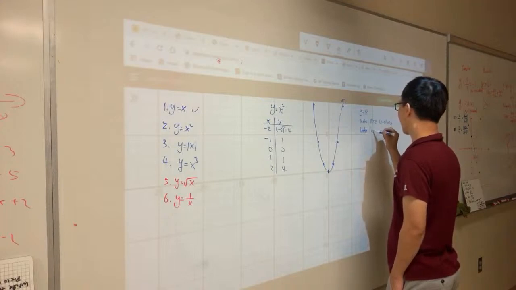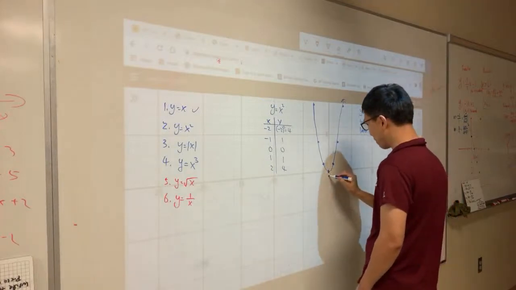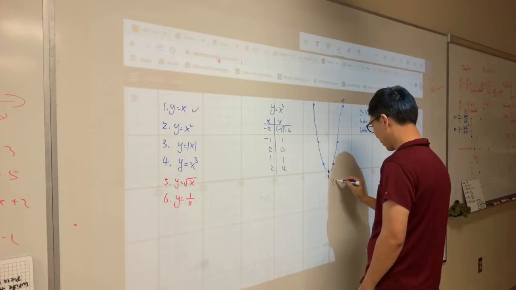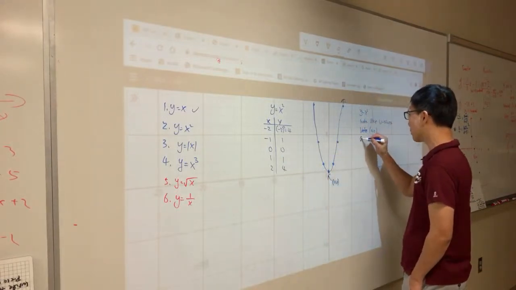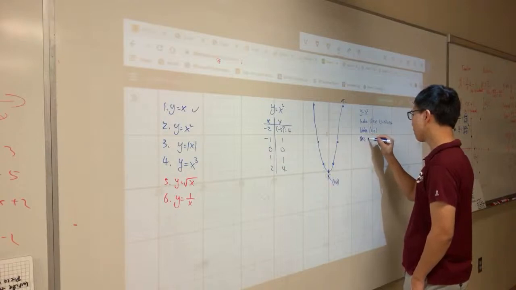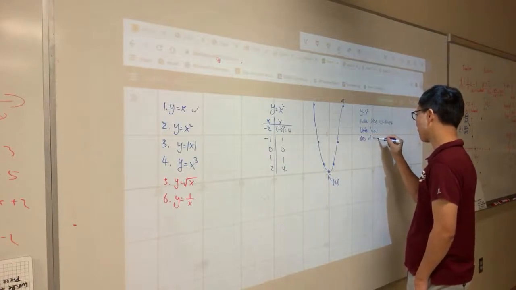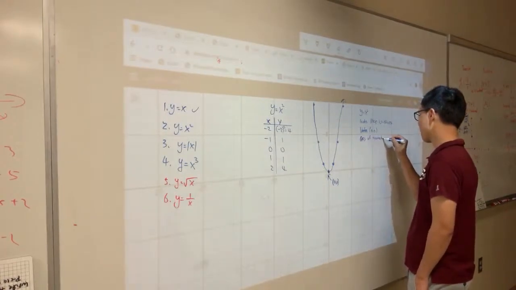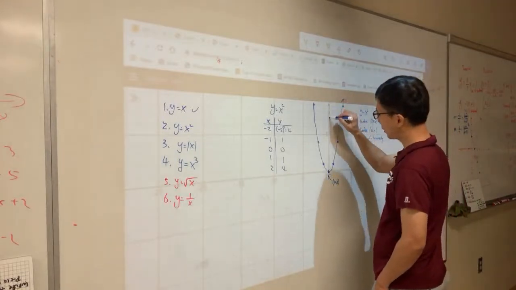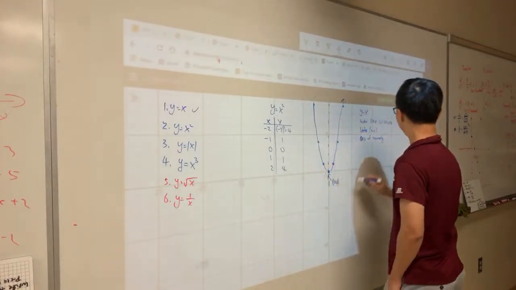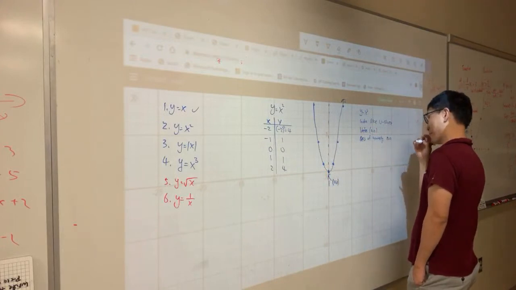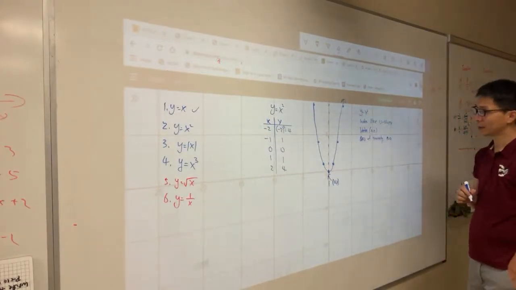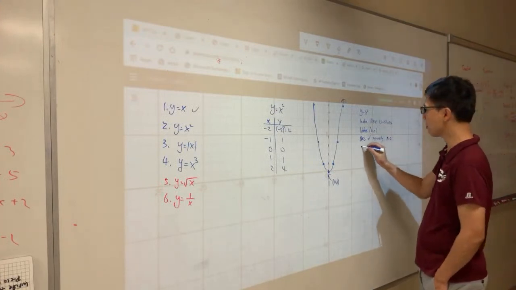The vertex is 0, 0, which is this point. It's called the vertex. It has an axis of symmetry, which is right here. So x equal to 0. It has domain and range as well.